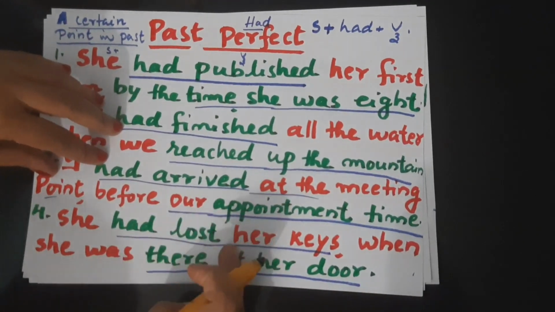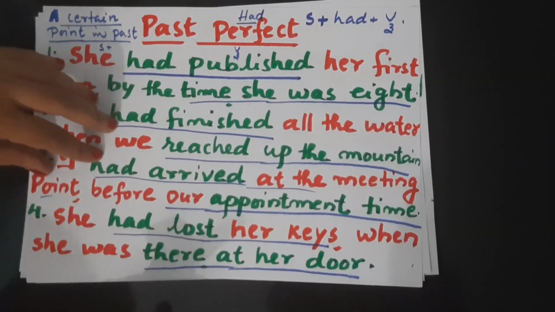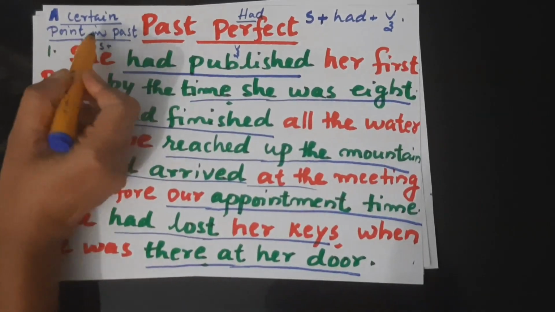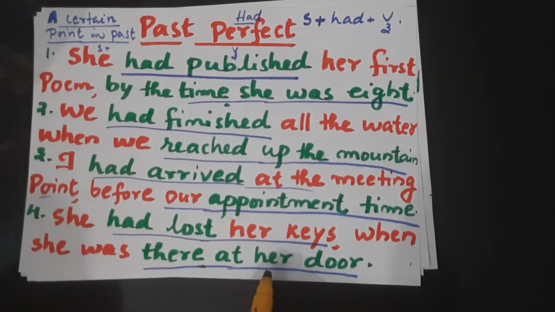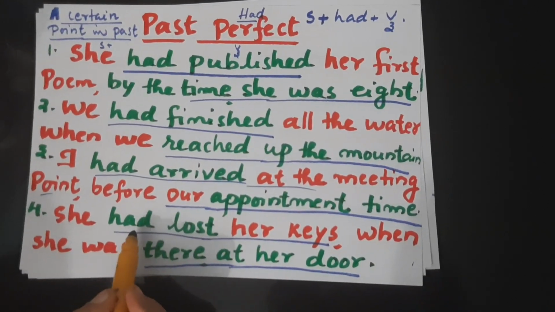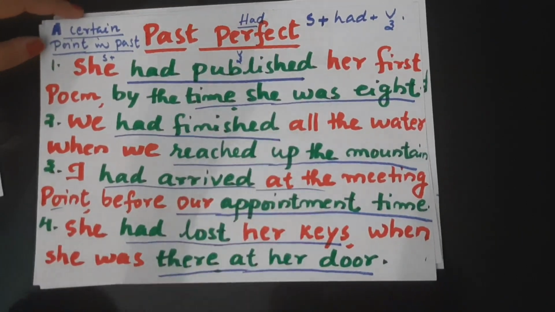She had lost her keys before she could reach her door. That's the meaning, isn't it? So before that itself, she has completed another action. That is, she had lost her keys. There you can use past perfect tense.